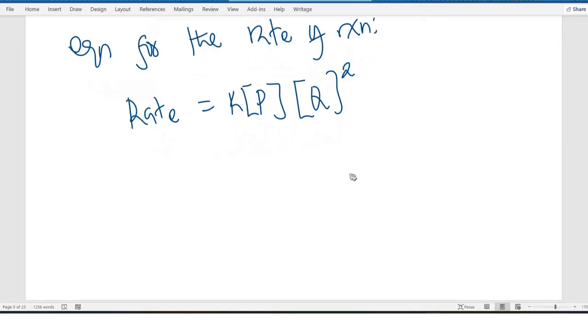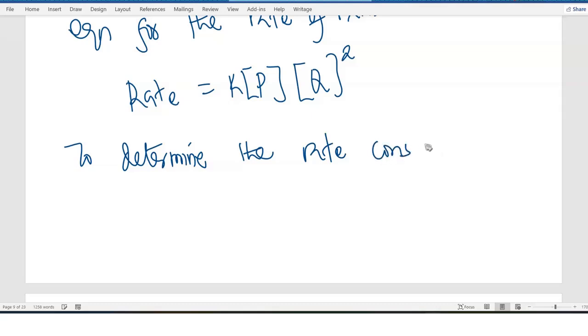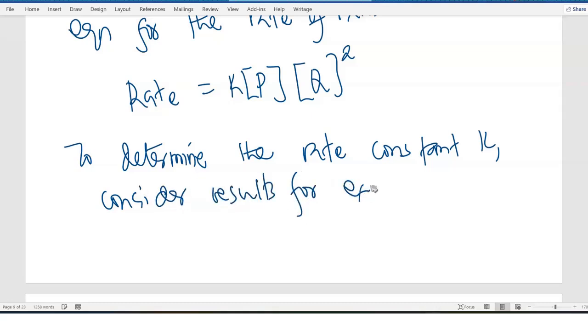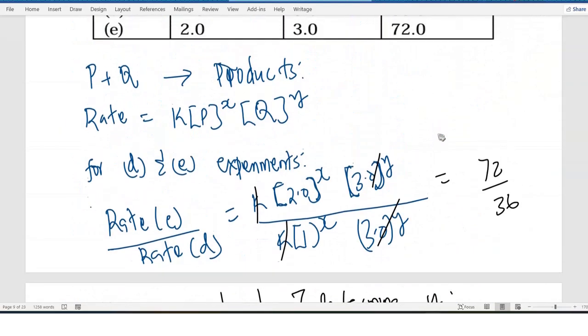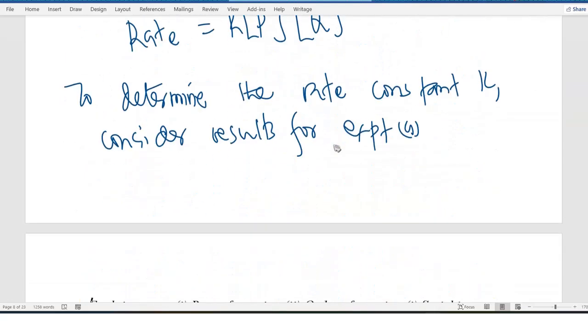So how do we determine K? To determine the rate constant K, consider results for experiment A. So results for experiment A are saying you have the rate as 2, then P is 0.5, and Q is equal to 1.